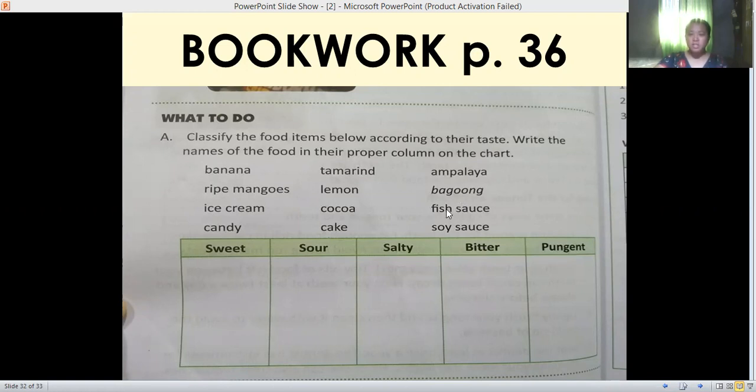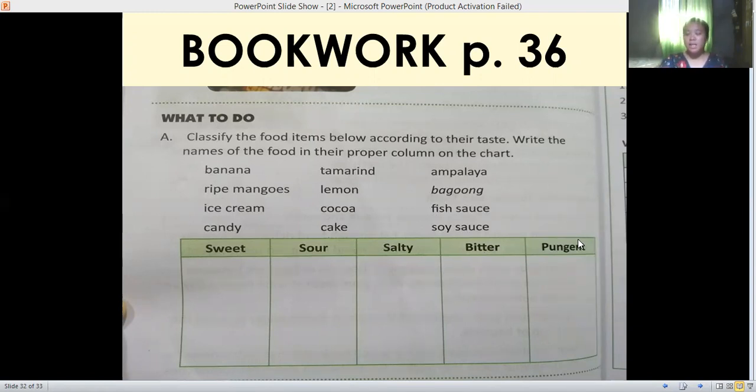Fish sauce, the patis. Bagoong is the paste. Sweet, sour, salty, bitter, pungent. And last is soy sauce. Is it sweet, sour, salty, bitter, or pungent?